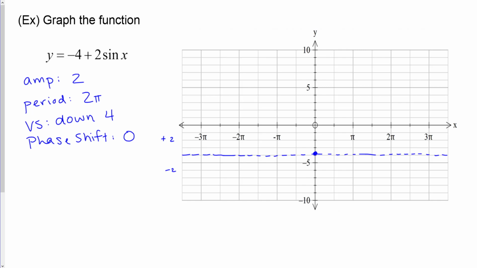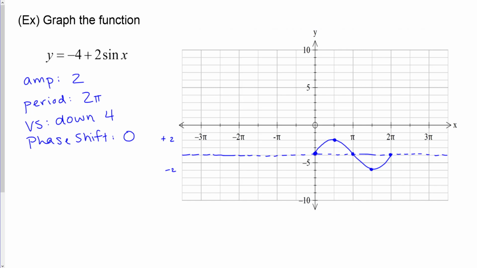And then by the time you get to pi over 2, you're a maximum distance away. So by pi over 2, I'm going to be at positive 2. At pi, I'm back to my horizontal axis. Then at 3 pi over 2, I'm the maximum distance away again. And by 2 pi, I've completed my cycle. So this wave pattern is going to look like that.